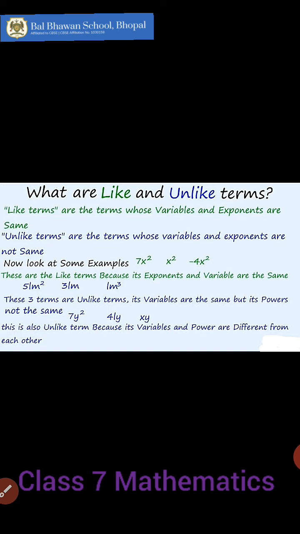Here lm is common in all the three terms, but the power of m is different. So they are unlike terms. Another example, 7y square, 4xy, xy. Here also the variable parts are different in all the three terms. So these are unlike terms.